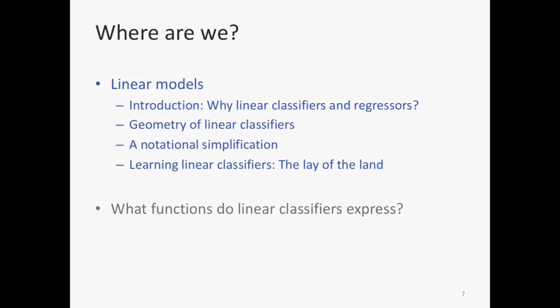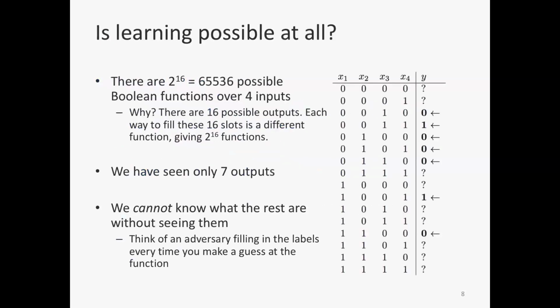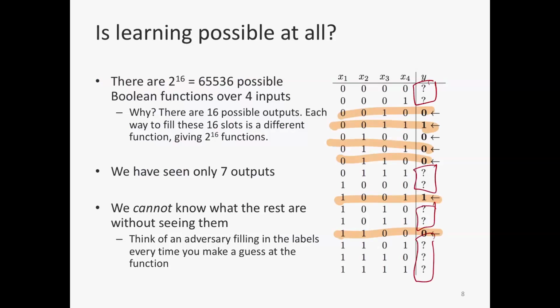But I want to go back to something that I think I mentioned in the very first lecture, or maybe the second lecture. Is learning possible at all? In every instance of machine learning, we're given a small slice of the instance space, and we are asked to reconstruct a function that we do not have access to, that agrees with the mind of nature on exactly those instances for which we don't have labels.